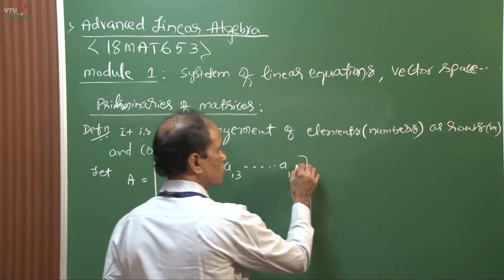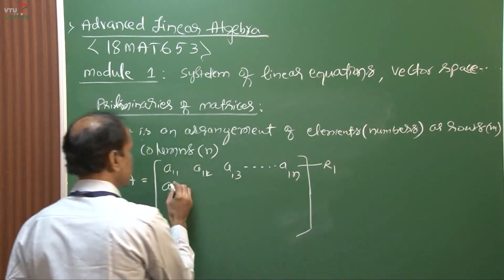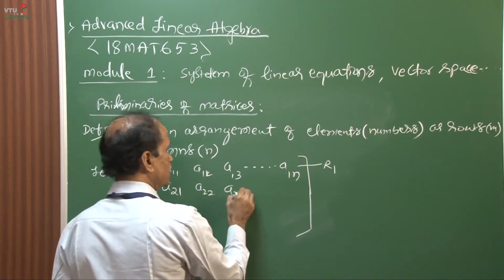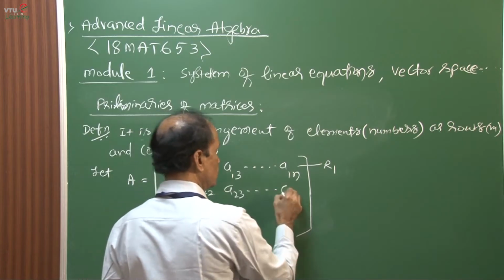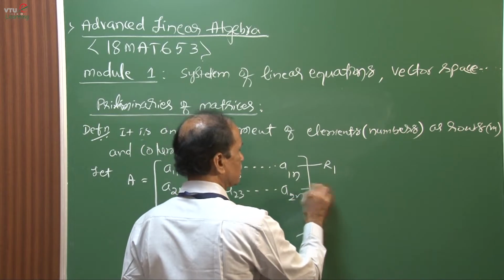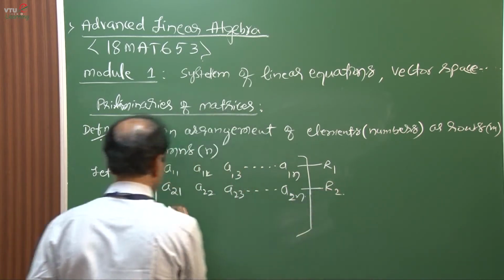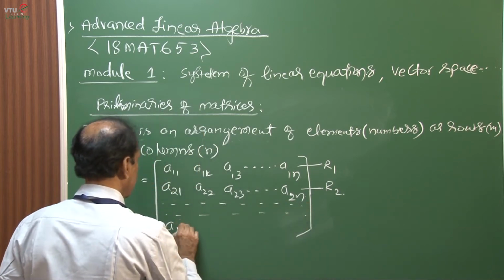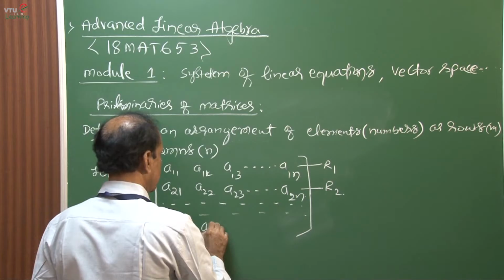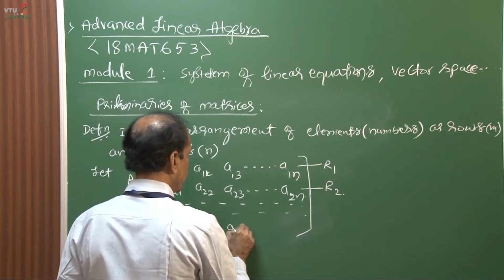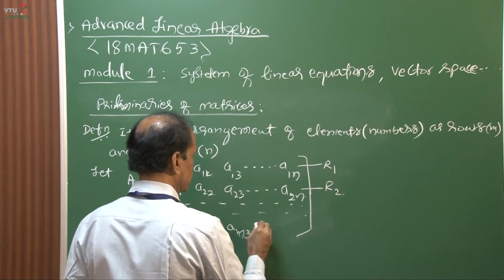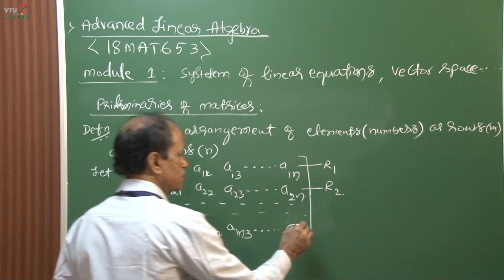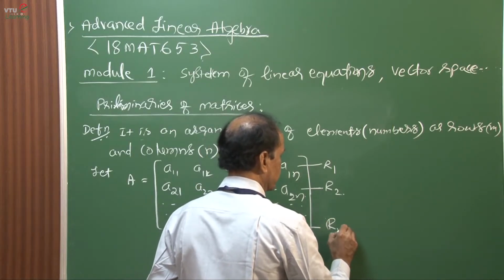This is called the first row, R1. Then a21, a22, a23 and so on up to a2n, this is called row 2. Similarly am1, am2, am3 and so on up to amn. This is Rm.